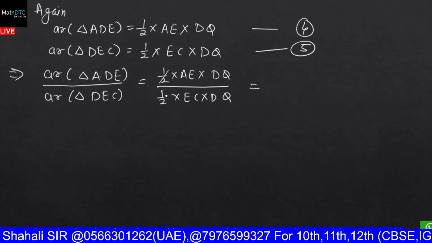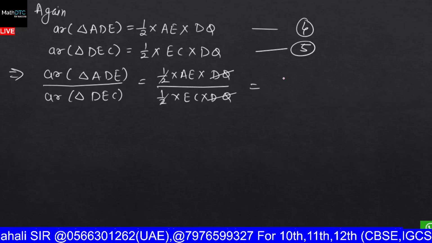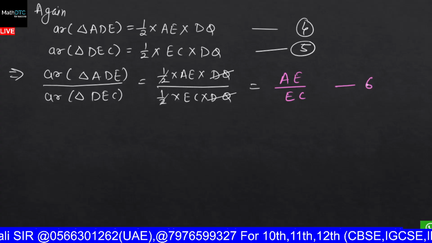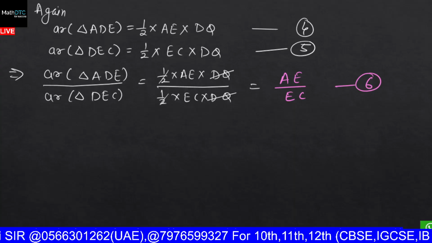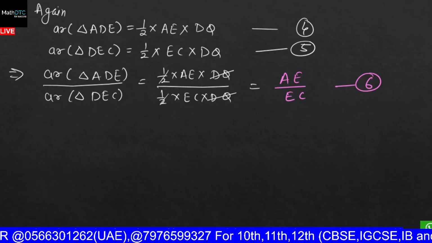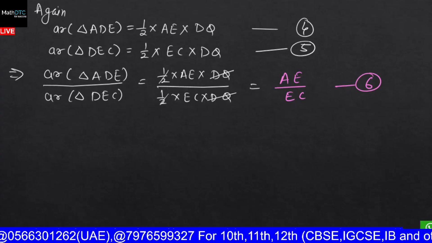From here the 1 by 2 cancels out, DQ cancels out. So we can write AE over EC, equation number 6. Do you understand this one also? Are you sure? Very good.